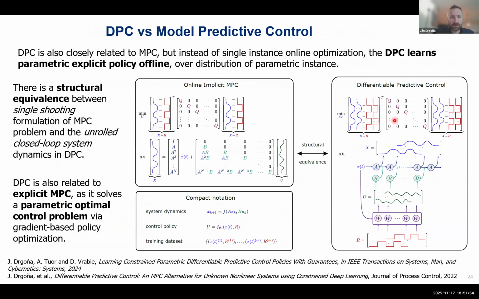And how does it compare to model-predictive control? You can really think of DPC as just a neural solver to obtain approximate solutions to a parametric model-predictive control problem.